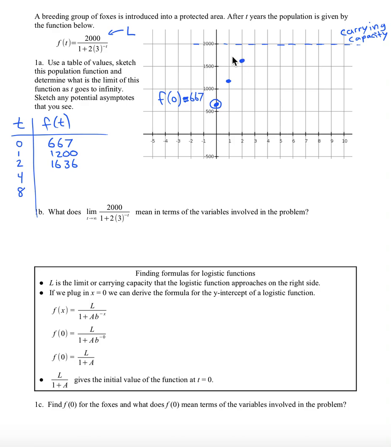After 4 years, 1952. And after 8 years, we're up to 1999. Okay, great. We just want to connect those points with a smooth curve here.